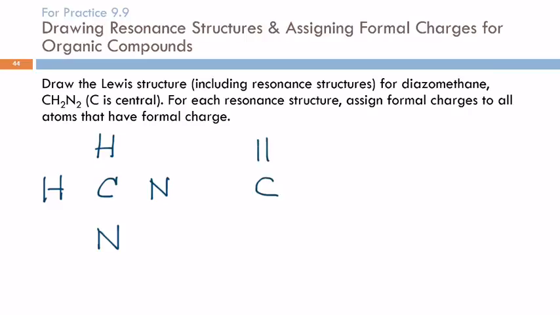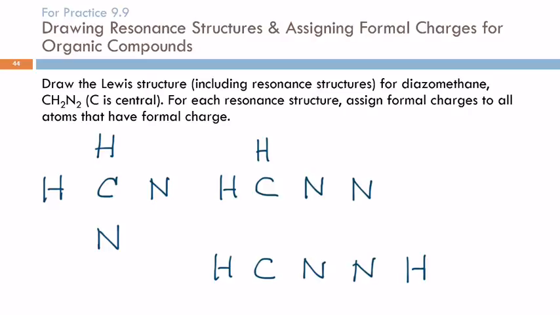We could put hydrogen up here and a nitrogen here and have the other nitrogen off the side. And then could you also put C, N, H? Yeah, you could do it like this. That's possible. C in the middle and then N on the other side and then H on the other side.